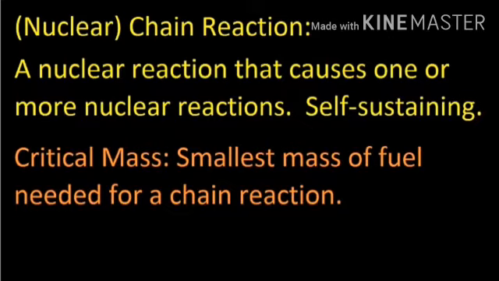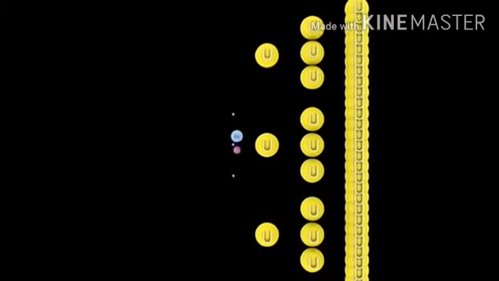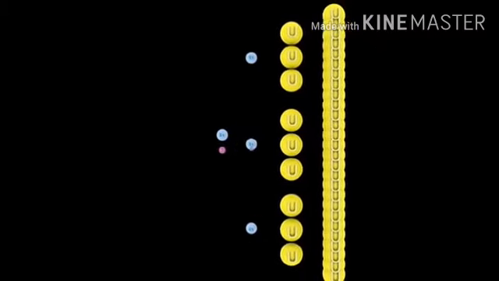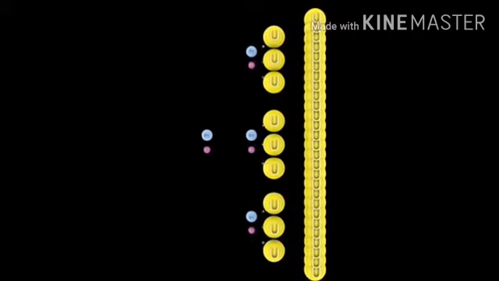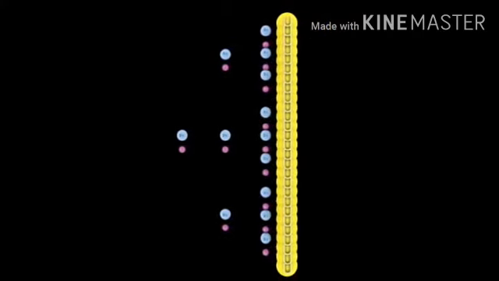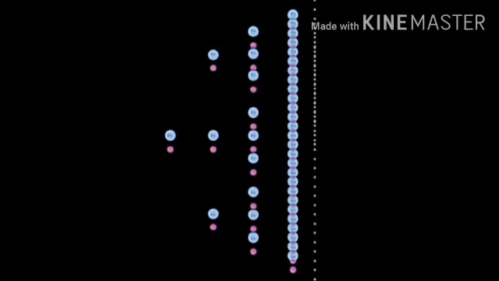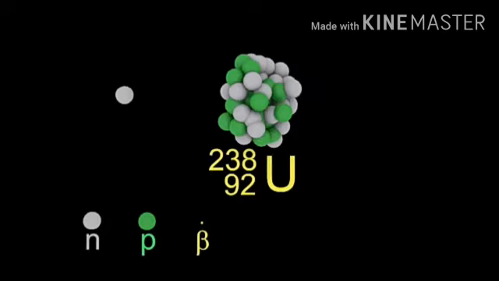The next nuclear fission reaction produces 27 neutrons. In this reaction, the number of neutrons multiplies rapidly. So this process is called chain reaction. Chain reactions are of two types: one is a controlled chain reaction, another is an uncontrolled chain reaction.